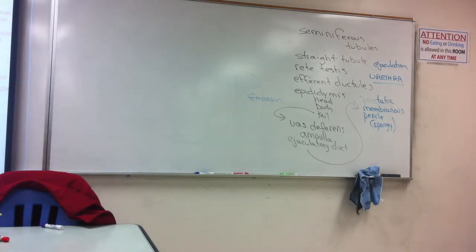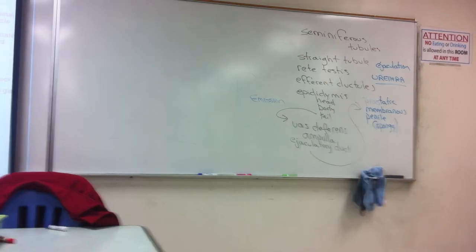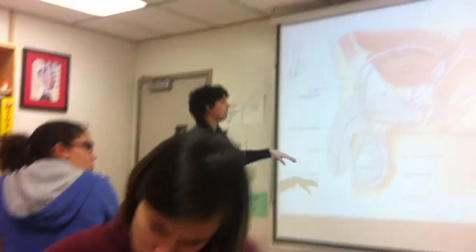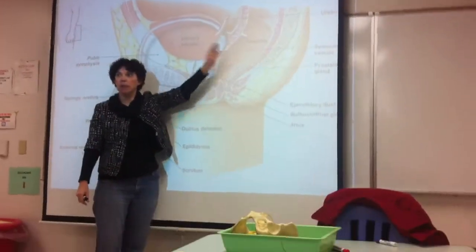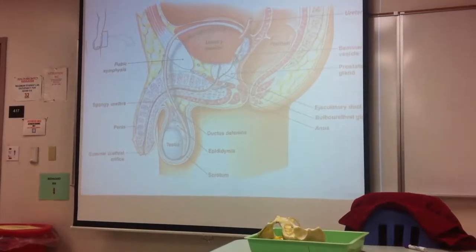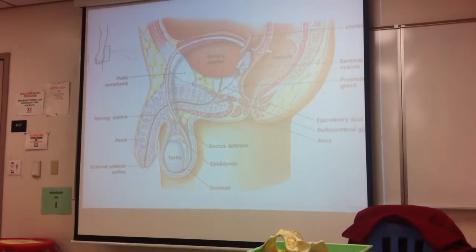We talked about two glands contributing secretions to the sperm on Tuesday. We have the seminal vesicle. What were some of the contents of that glandular fluid that comes from the seminal vesicle and the seminal gland?